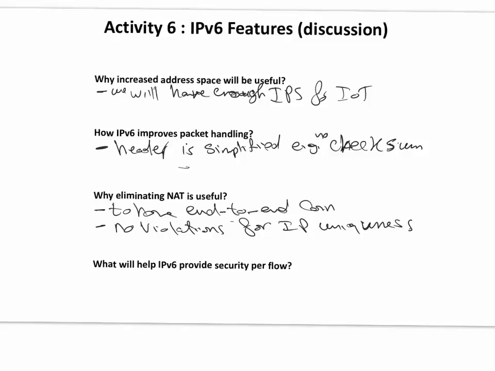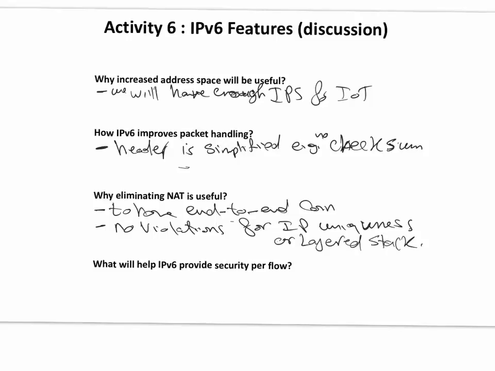That's how eliminating NAT will be useful. It doesn't violate the layered stack either. No violations of IP uniqueness or the layered stack, so it eliminates all the violations of NAT.